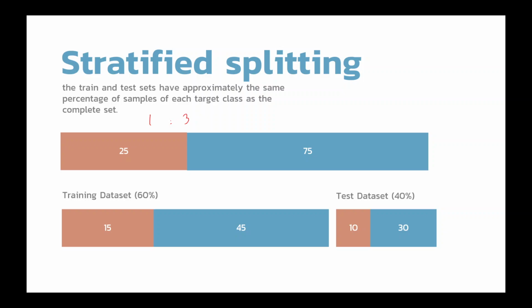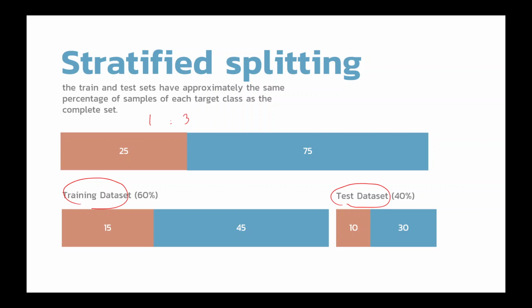The colors mean class. So if you were to split this randomly, your training data set and your test data set might not have the same class distribution, right? You might have a training data set that has more blue, but a test data set that has more red if you do it randomly, right?